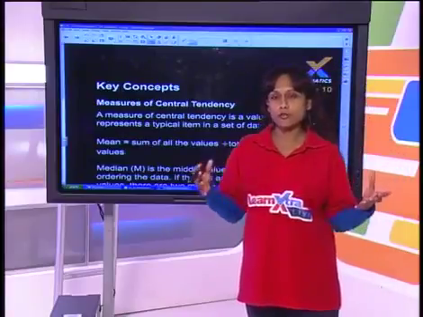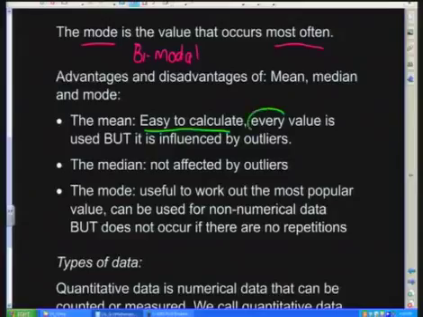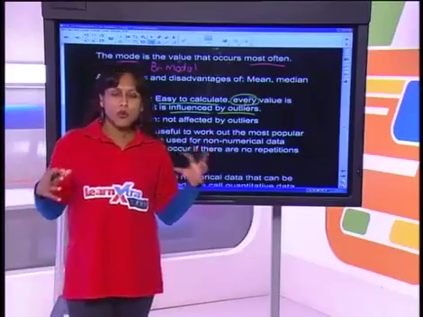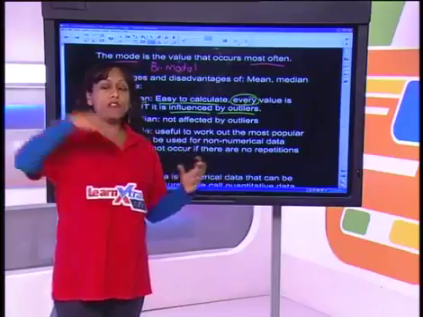I'm sure that most of you would have come across this term by now. With the mean, every single value is used. But because we're using every single value, it means that your mean is sometimes not an accurate reflection because it is influenced by outliers. Now, what is an outlier? An outlier is really just a value that's either very, very small in your data set or very, very large.